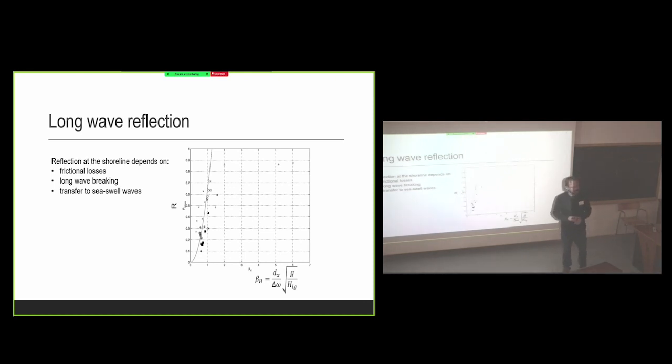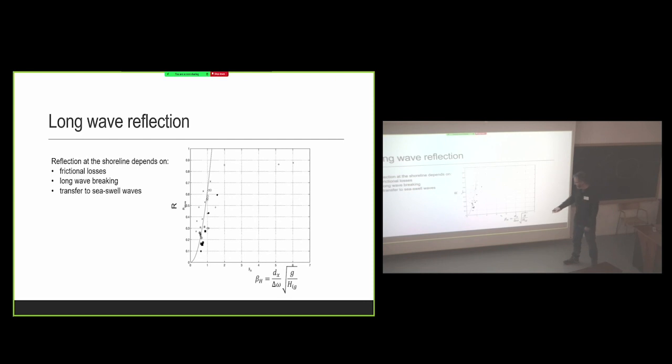Typically, if you talk about wave reflection, then you would consider the wave that's coming in, and let's say the energy that's coming out, and then you can use that to estimate your reflection. Because of this behavior of the bound long wave and the free long wave, that reflection is actually much more complicated to express. And what we see is that this reflection also, again, depends on this ratio of the slope and this delta omega.